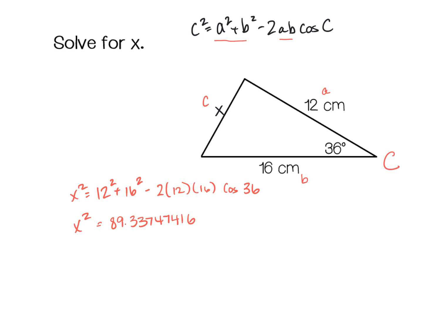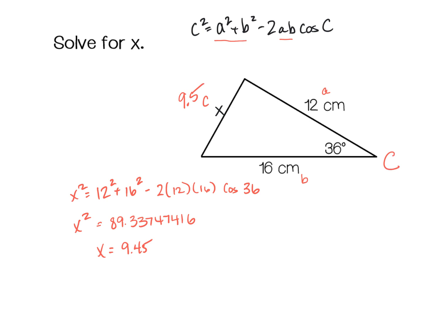But that's not really my answer, because x squared equals 89. I really need to take the square root of both sides, and I find that x is equal to 9.45, or 9.5, depending on how you want to round. That's all there is to it. It's really more of just plugging in values to that formula and typing it into your calculator.